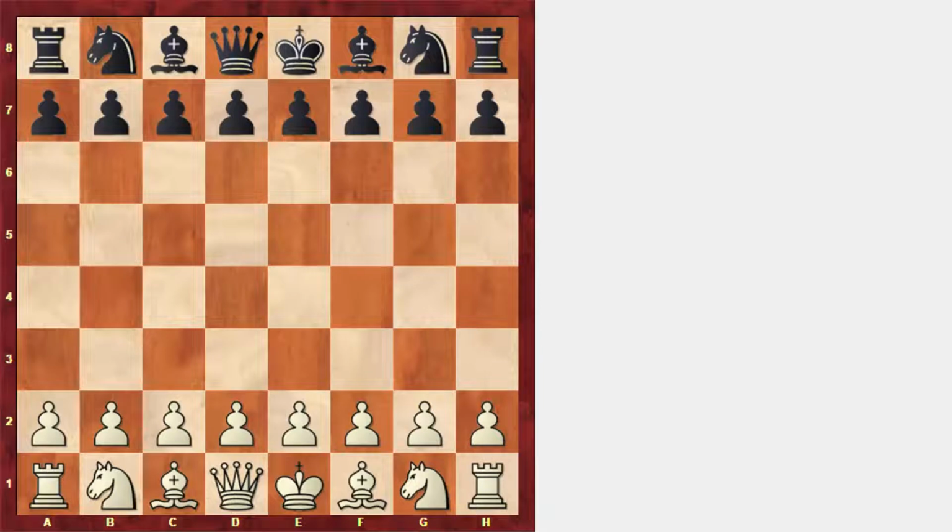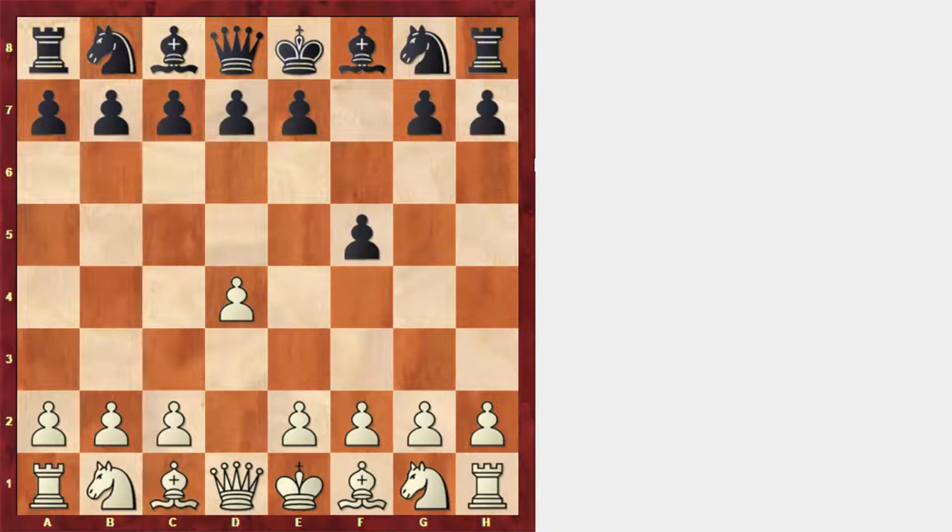So 1 d4 means, first of all, white starts. So white moves a pawn because we don't specify any piece. And a pawn moves to the d4 square. And this is the only pawn that can go to the d4 square. Therefore, we have the first move. Remember that on the first move, pawns can move 1 or 2 squares forward. And black does the same. Black plays the move f5.